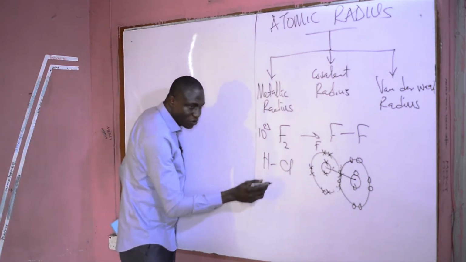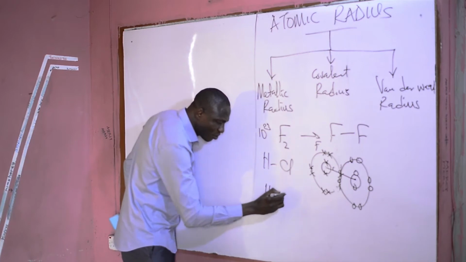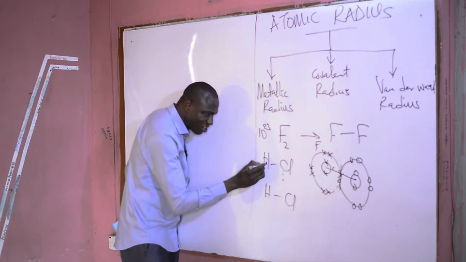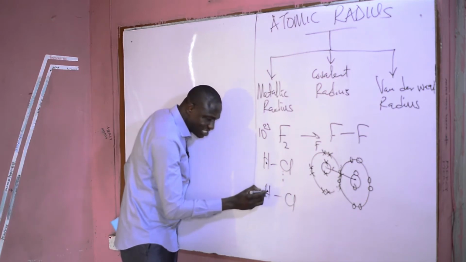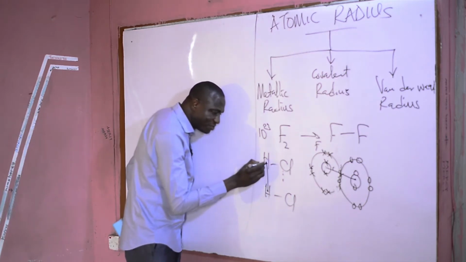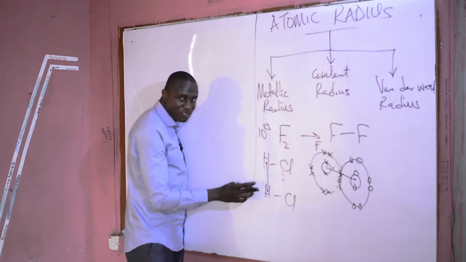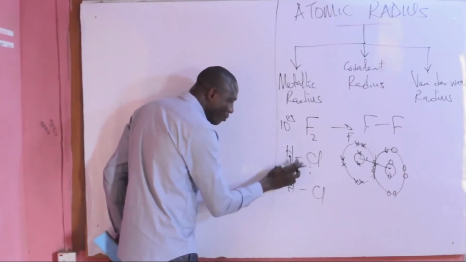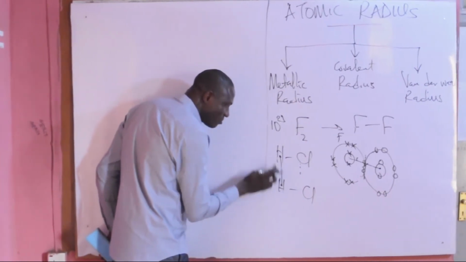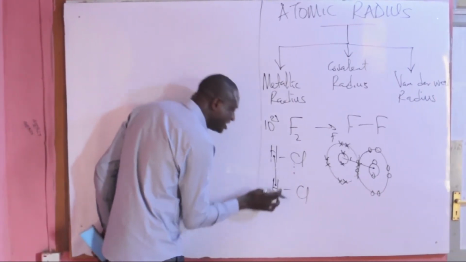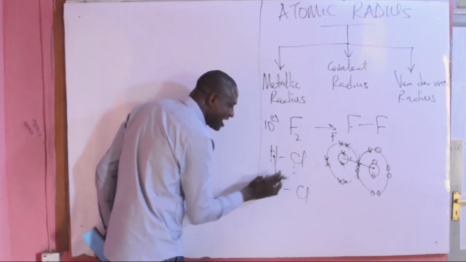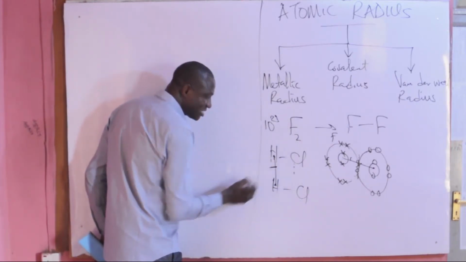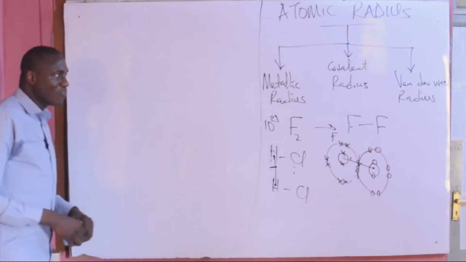So if this is a molecule, and this is another molecule of chlorine, joined together by van der Waals forces, and this is the nucleus of this hydrogen, and this is the nucleus of this hydrogen, you can see they are isolated, they are not bonded together, but the atoms are atoms of the same element from the same molecule that are held together by a weak force of attraction. So half of that distance between the nuclei is what we refer to as the van der Waals radius.